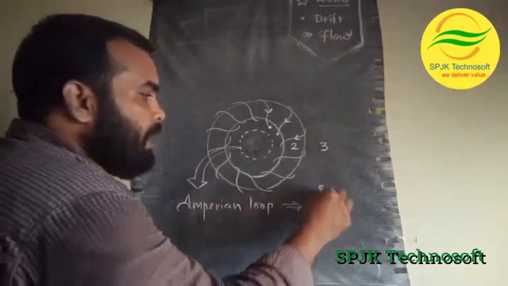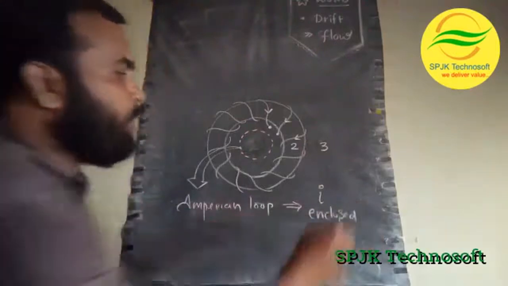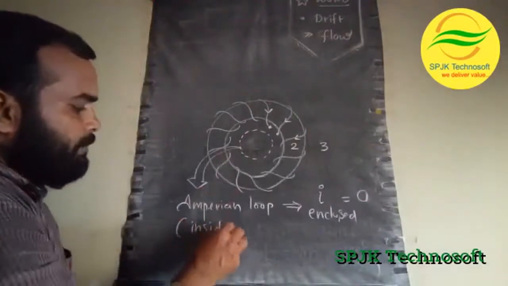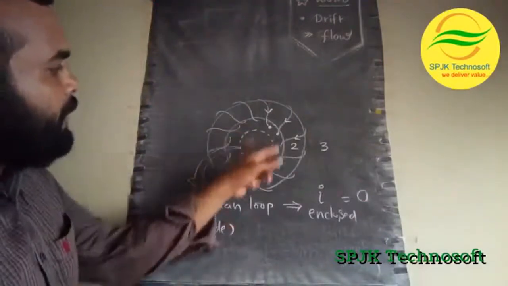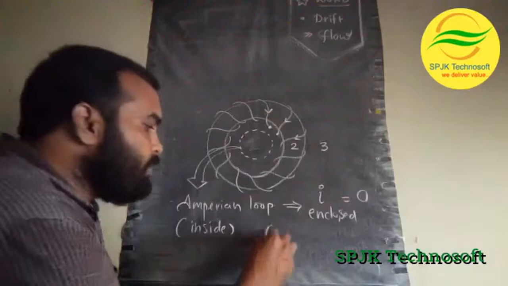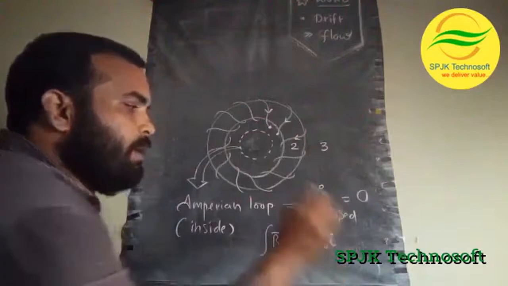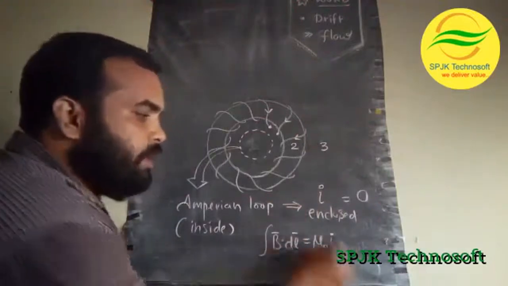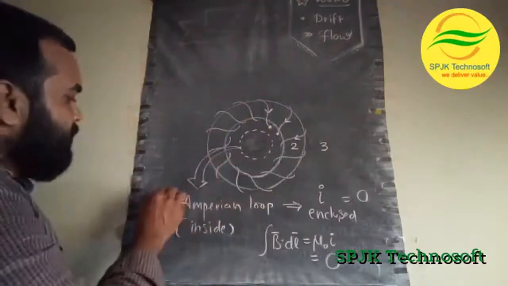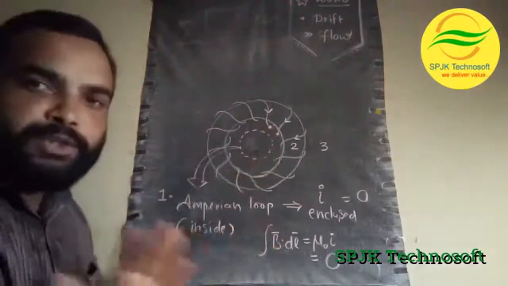The current enclosed by the Amperian loop will be equal to 0. Inside the toroid, I have taken an Amperian loop in which the current enclosed is 0. Whenever the current enclosed is 0, if you apply Ampere's law, integral B dot dl is equal to mu naught into I, then it will become 0. Means inside the toroid there is no magnetic field. Easily we can understand. This is the first region we have calculated.